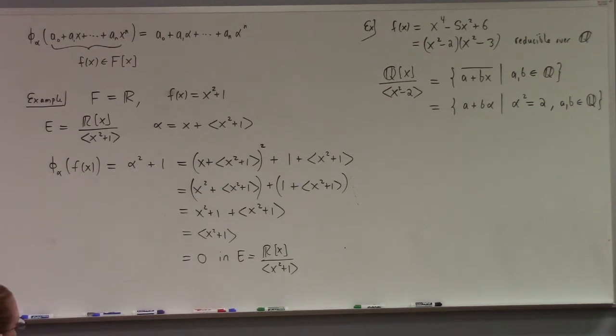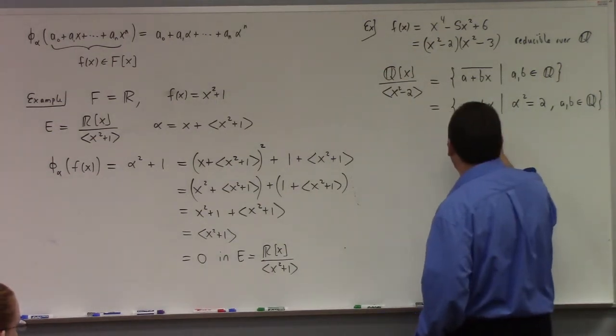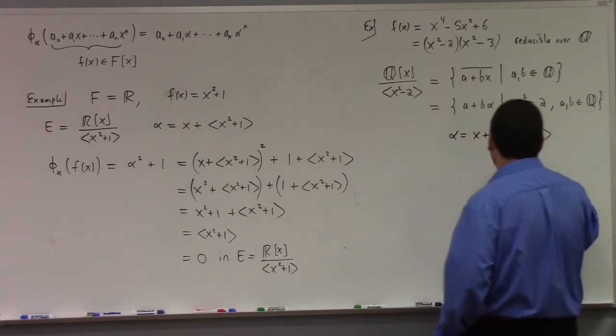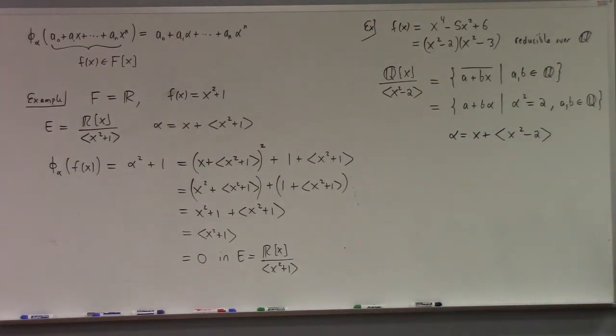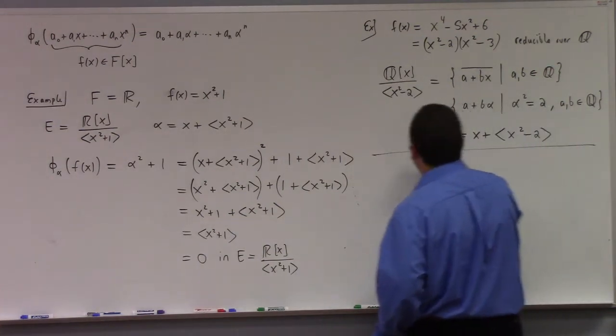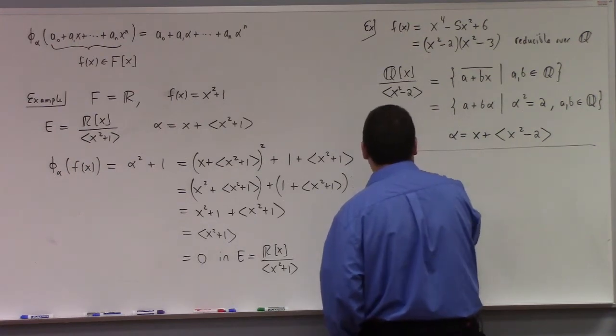So, great. Now, to be fussy, here alpha is equal to what? It's equal to x plus the principal ideal generated by x squared minus 2. All right. We could also look at beta, right? Likewise, we could look at Q[x] mod x squared minus 3, right?